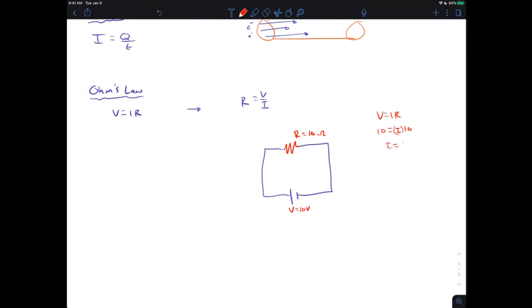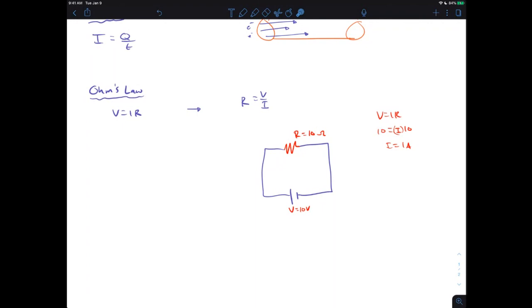So my I will equal 1 amp, right? Oh, sorry, this is our new standard unit here, just in case we haven't gone through that before. It's amps. It's just charge over time. Okay, so 1 amp is my current. That's the amount of charge flowing through each second. Okay, so it's pretty simple to use.